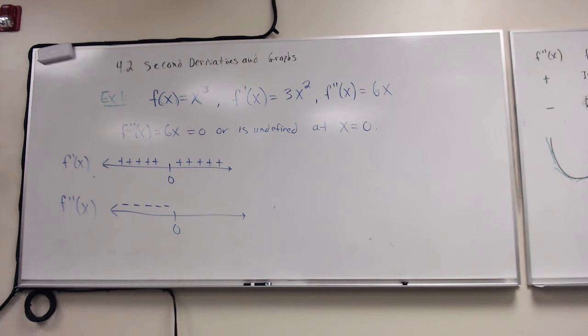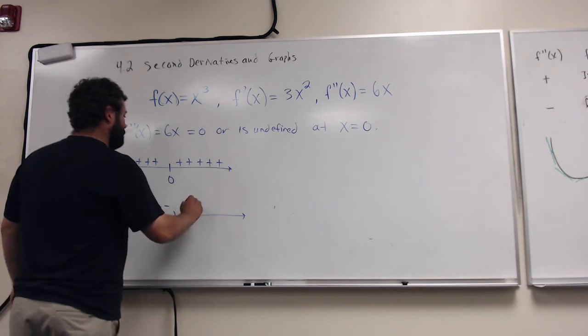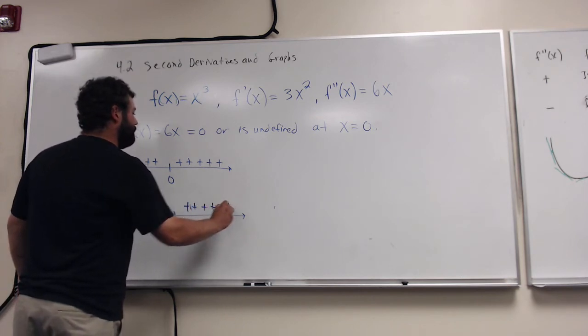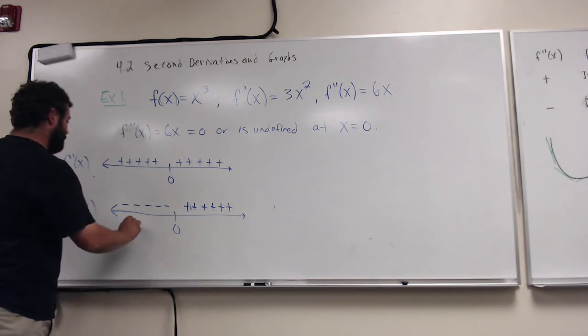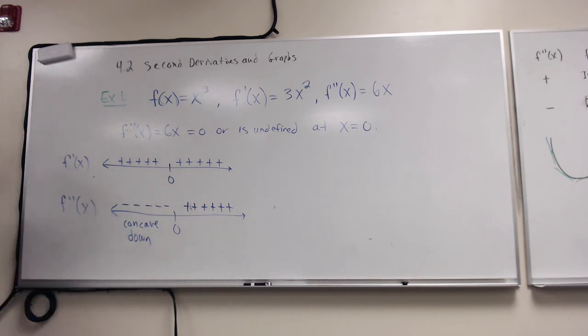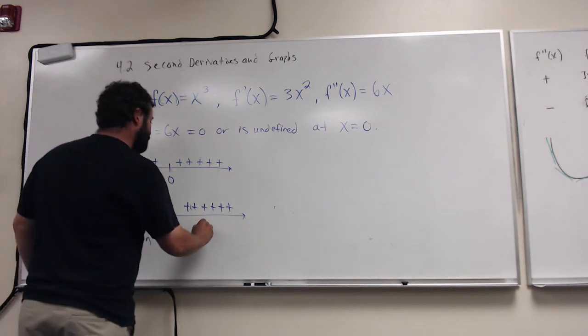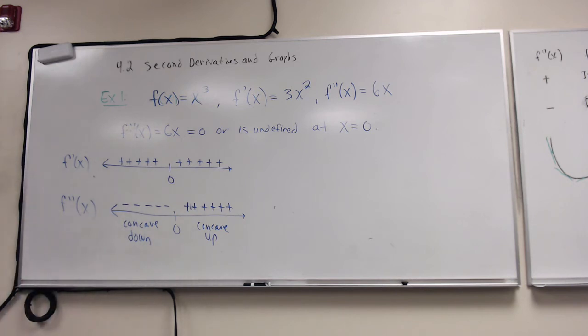And when you plug positive numbers into the second derivative, you're going to get a positive value. So the second derivative is always positive over here. Over here, to the left of 0, we're going to be concave down because you got negative second derivatives. To the right of 0, you're going to be concave up.